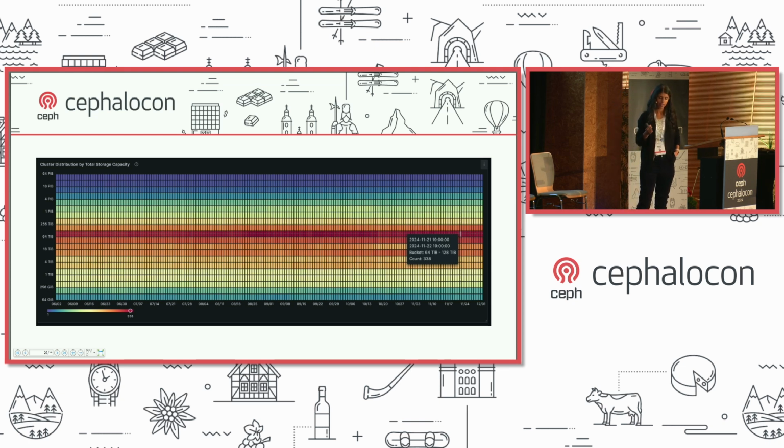Right now you can see that there are about 300 clusters that report between 64 and 128 terabytes. So that's the most common cluster size reported in telemetry. But there are some very big clusters up there as well.